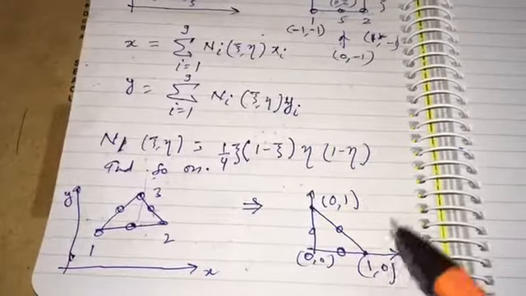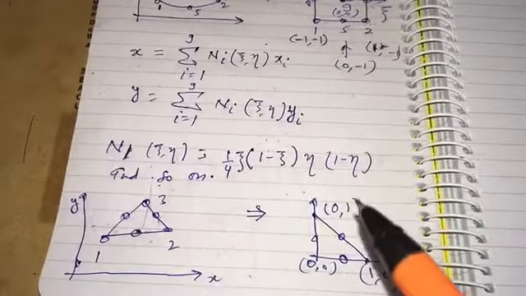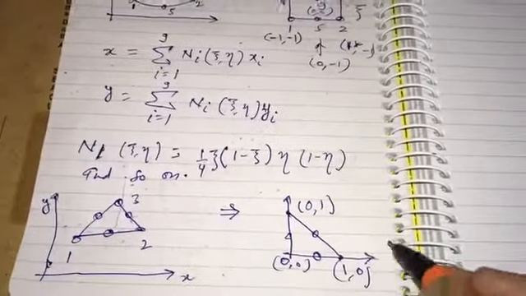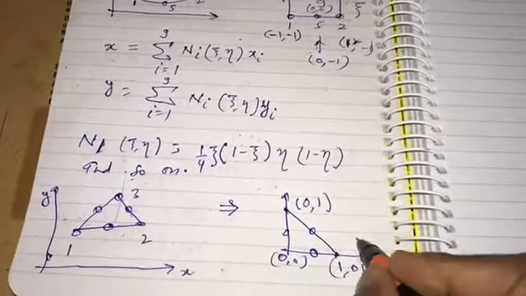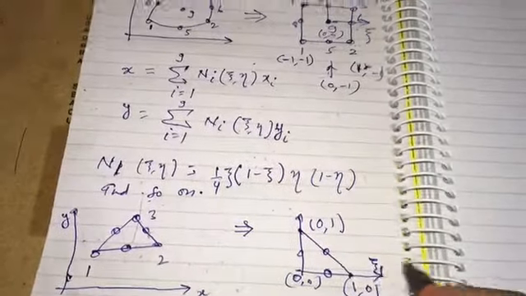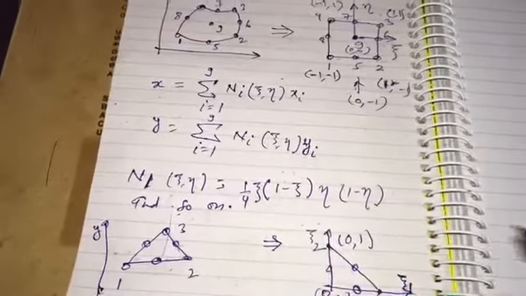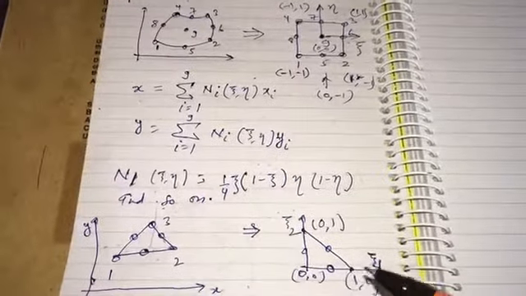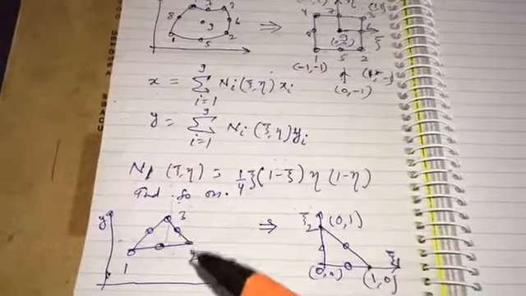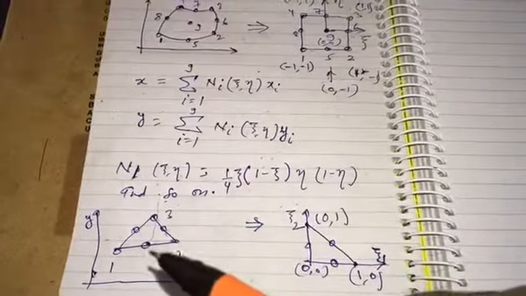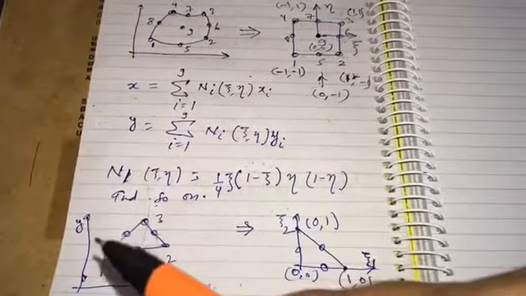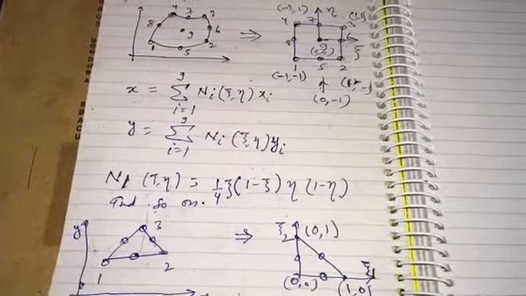In any case, this also we need to do. We need to convert from xy coordinate system to say xi1, xi2 coordinate system, so that we can integrate over the triangular element.